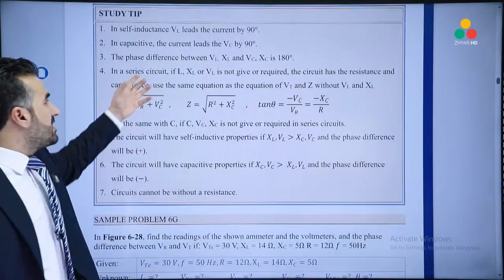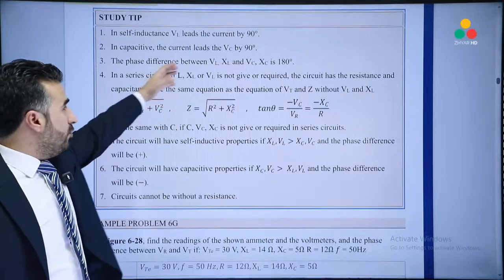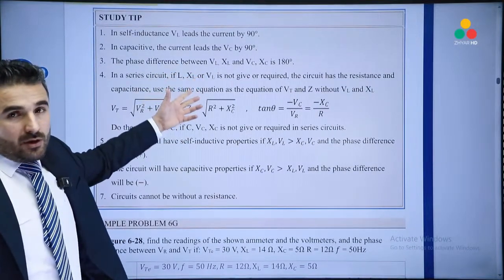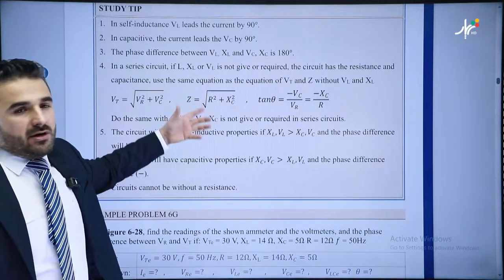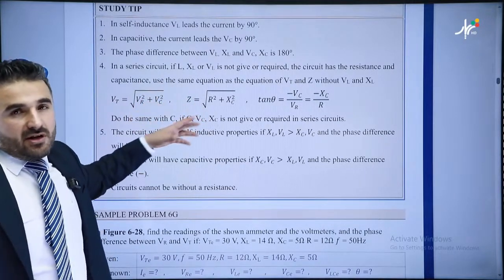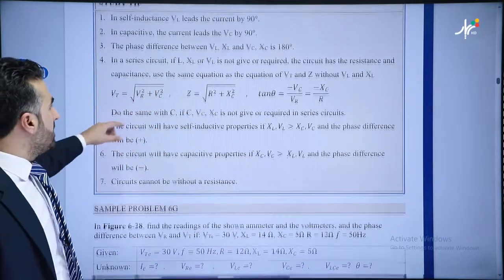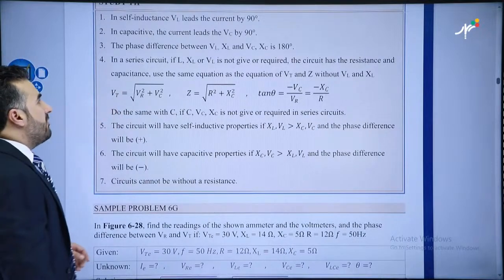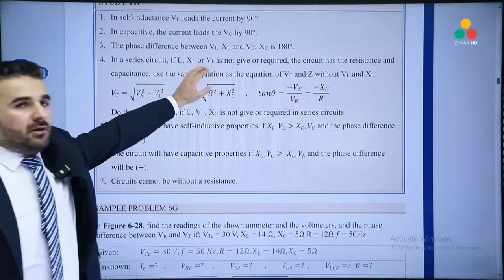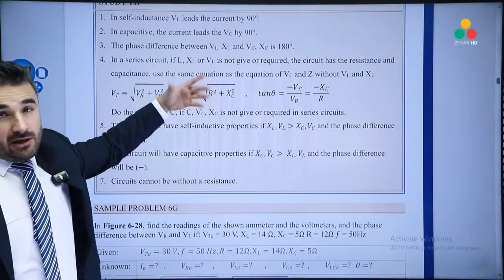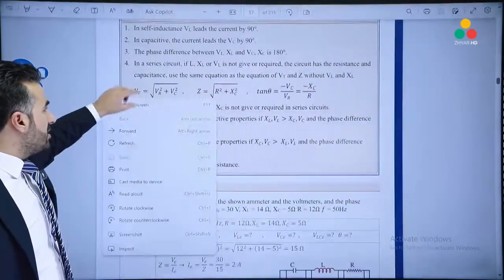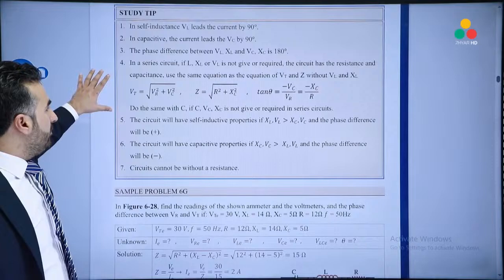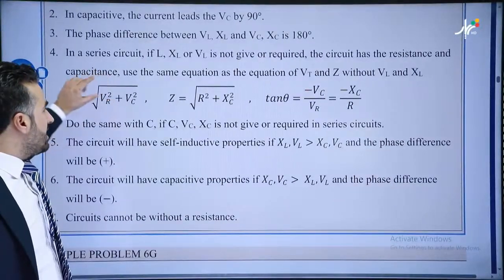Okay, so in a series circuit, remember this: if one of the values is not given or required, then of course we'll write the equation without that variable. Let's just say if the values for L, XL, or VL are not given and not required, then the equation that is left will be V squared R, okay, and then plus VC squared.